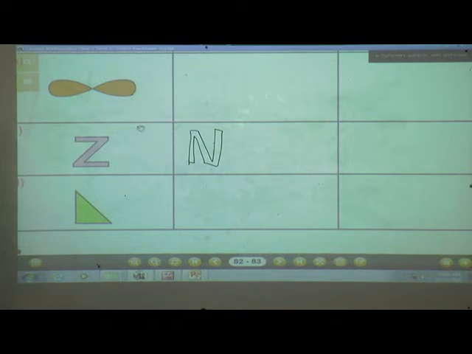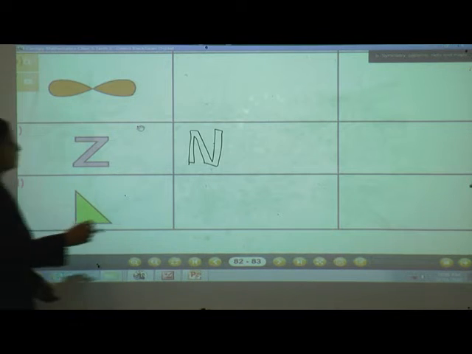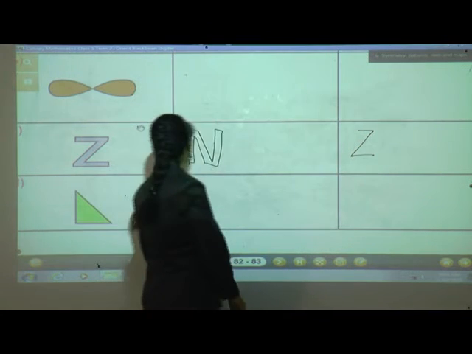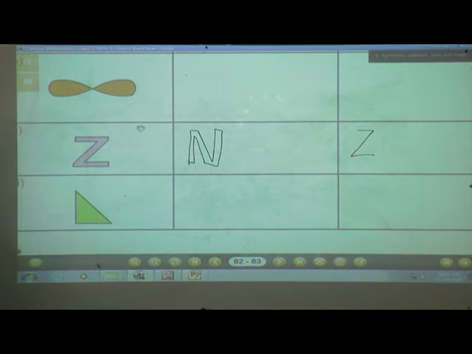And now for half turn, students, how will it look? Tell me the answer fast. It will look the same inside.